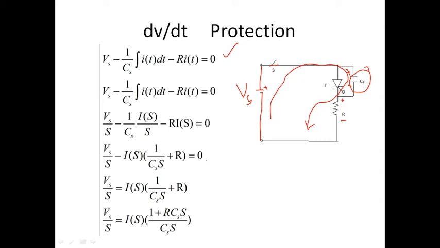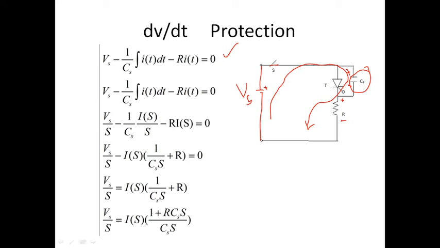So Vs by s equals I of s times (1 by Cs plus R). You just rearrange it, keeping I of s outside.